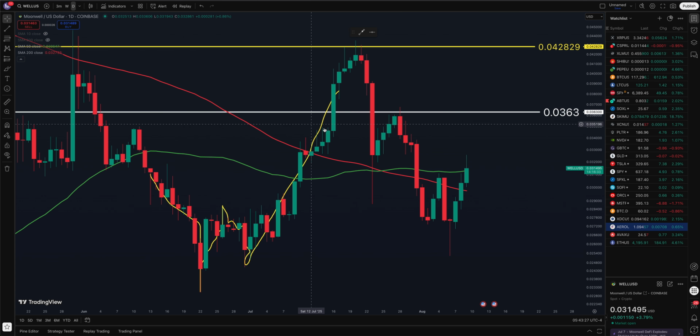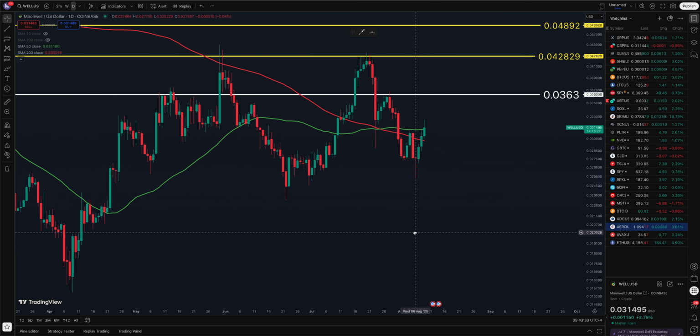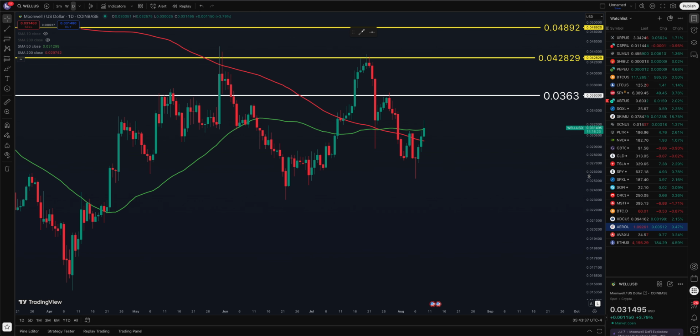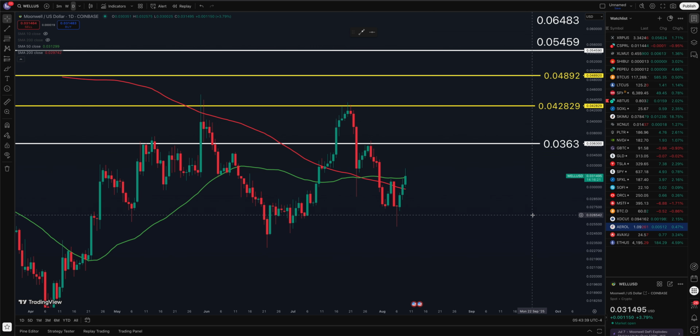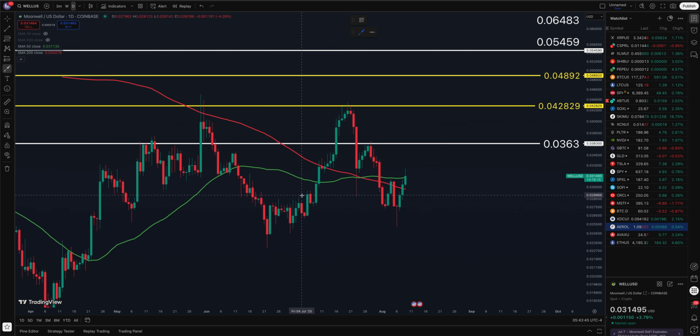Anyways, the point is, it looks like we're heading into a season where these smaller cap coins are starting to move, and we're going to look at Bitcoin and the Bitcoin dominance chart. As far as the upside, here are some price targets based on some recent moves.